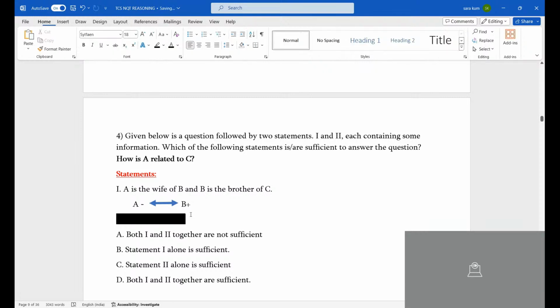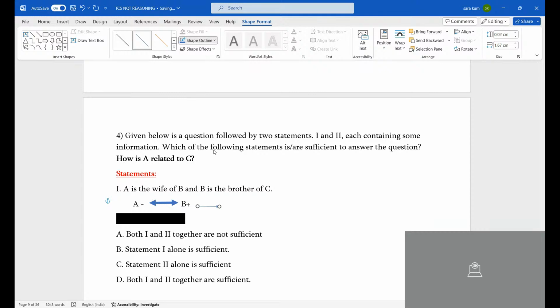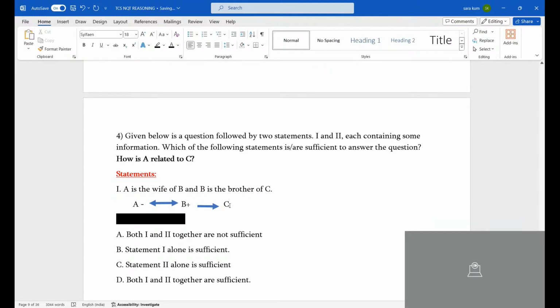So this is A is the wife of B. And they also say, and B is the brother of C, which means B is a sibling and B is the brother of C. So this is what you get from the data in the first statement. Now the question is, how is A related to C?